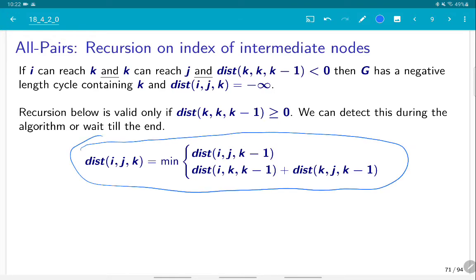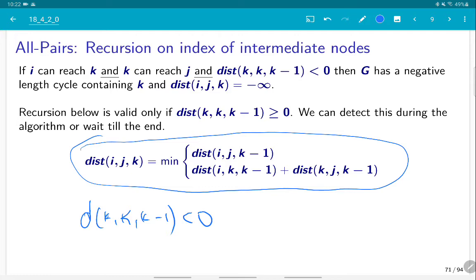We have to worry about negative cycles, but it's not going to be very difficult to discover a negative cycle, because a negative cycle would just imply that dkk at k minus 1, for some vertex, is going to be smaller than 0. Going from the kth vertex into itself is going to be negative, and then we can just stop.